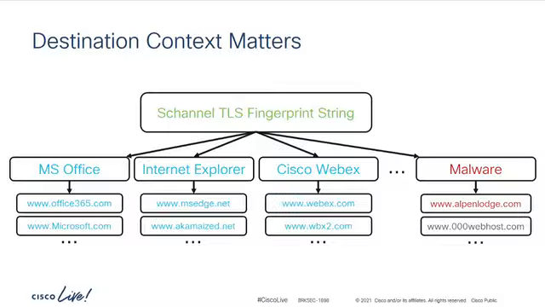Secondly, by using the fingerprint string, we can divvy up all of the processes that map to that fingerprint string, and we're able to detect malware even when it goes to suspicious or benign sites in some cases. For example, we're able to detect malware going to google.com or dropbox.com when it uses a suspicious TLS fingerprint string.